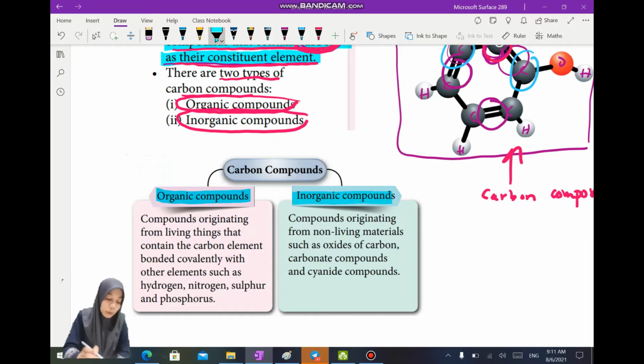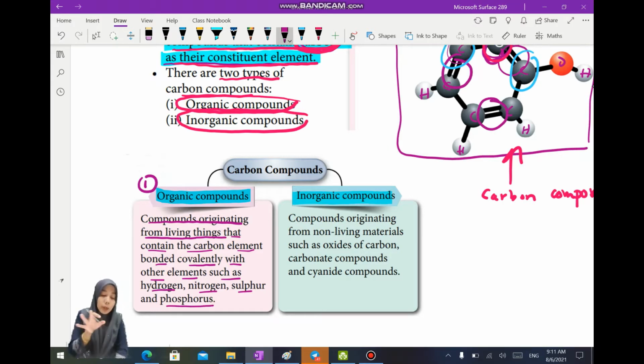Okay, kita tengok dulu untuk sebatian organik. Apakah sebatian organik? Compound originating from living things that contain the carbon elements bonded covalently with other elements such as hydrogen, nitrogen, sulfur and phosphorus.